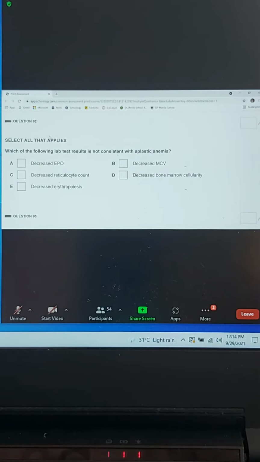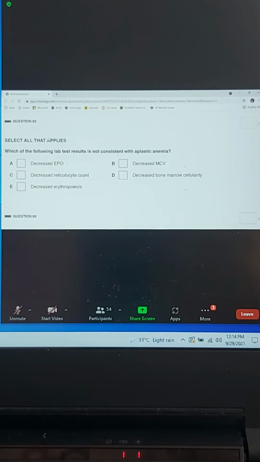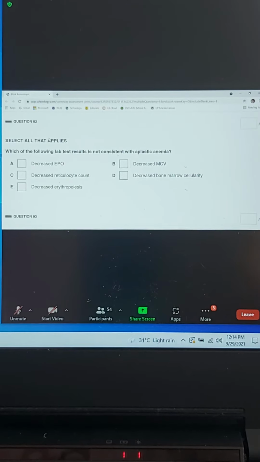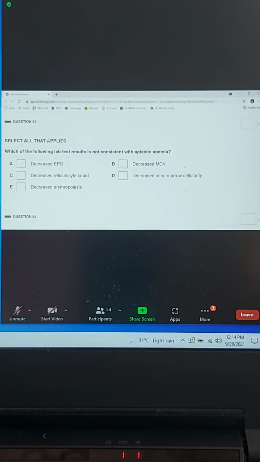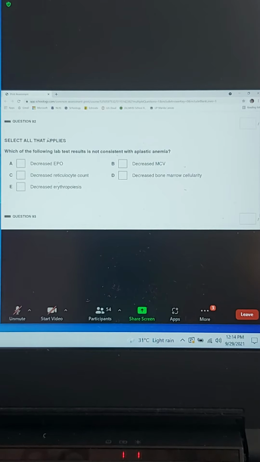What happens in aplastic anemia? There is aplasia in our bone marrow, meaning production stops. So decreased erythropoiesis is definitely consistent, so it is not the answer.